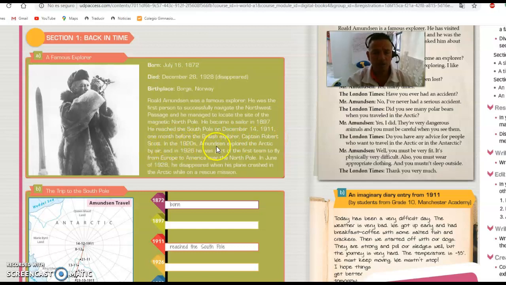In 1920, Amundsen explored the Antarctic by air, and in 1926 he was part of the first team to fly from Europe to America over the North Pole. In June 1928, he disappeared when his plane crashed in the Antarctic while on a rescue mission.